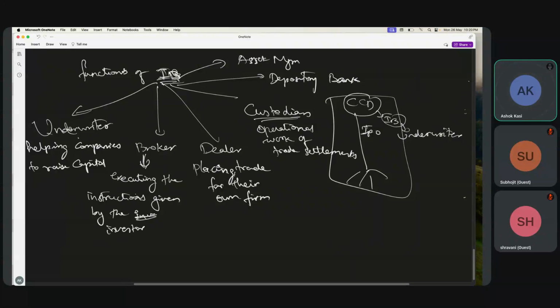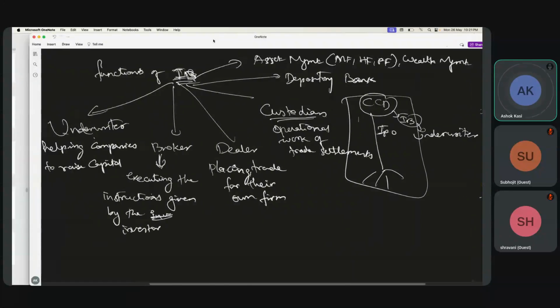Now, asset management means what? This is like mutual funds, hedge funds, pension funds. Okay, so they manage all these assets. Then wealth management. Wealth management is for individuals, HNIs. Okay, so all these are some of the functions of an investment bank.